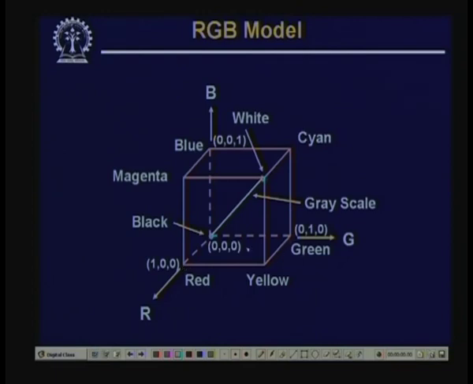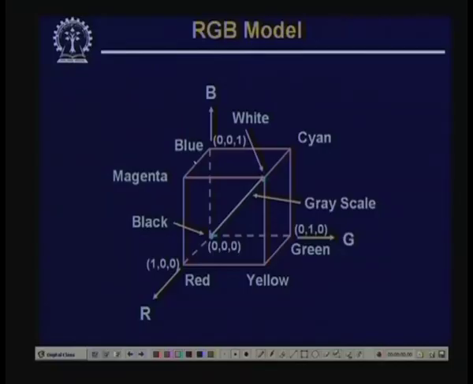Green is located at location 0 1 0, where both red and blue components are equal to 0 and the green component is equal to 1, and blue is located at the vertex location 0 0 1, where both red and green components are equal to 0 and the blue component is equal to 1. So, these are the locations of the three primary colors of light, that is red, green and blue.